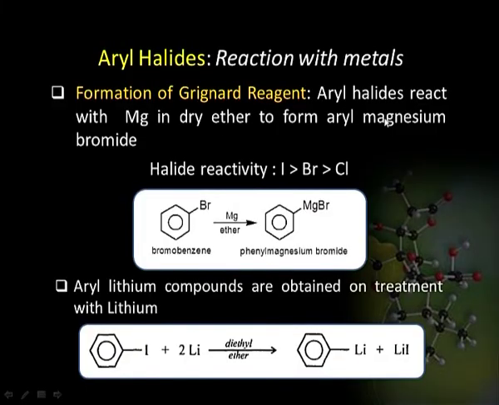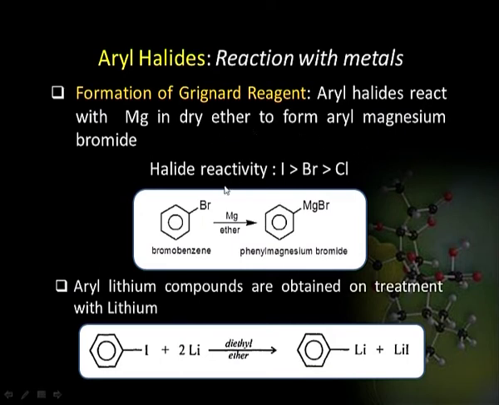Aryl halides react with metals as the alkyl halides do, and when they react with magnesium metal, formation of Grignard reagent takes place. So, aryl halides react with magnesium in dry ether to form aryl magnesium bromide.